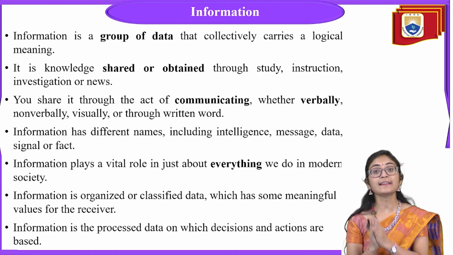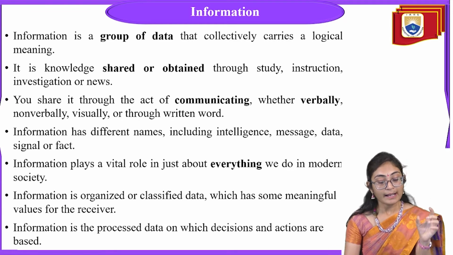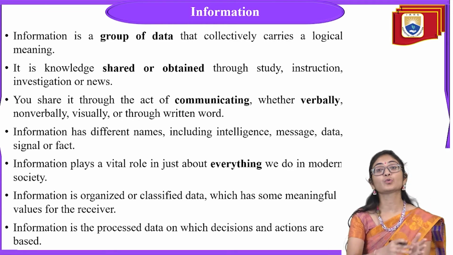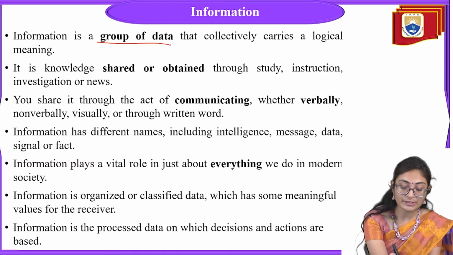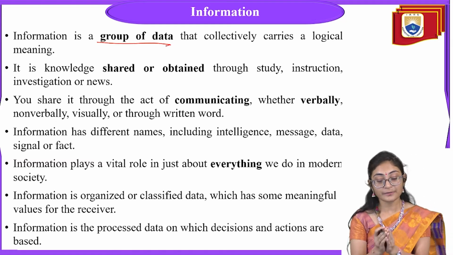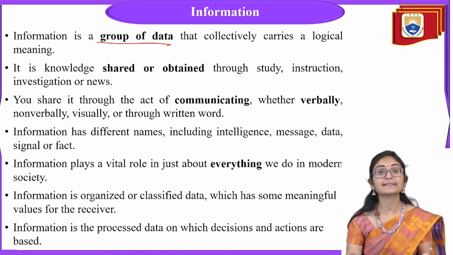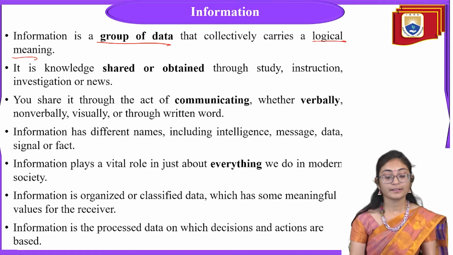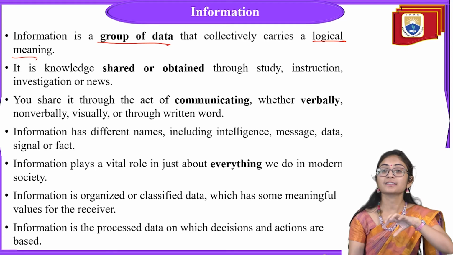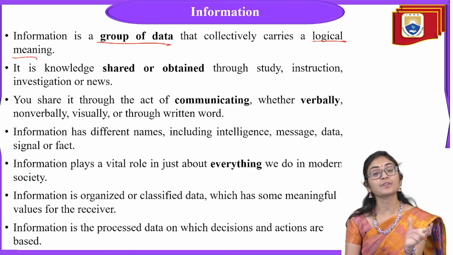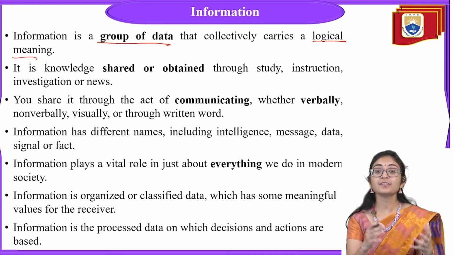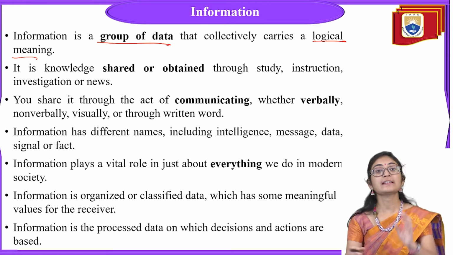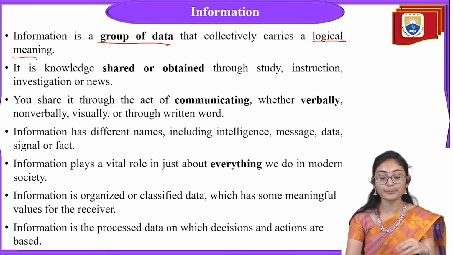Now we will see information. Information is a group of data which collectively carries some logical meaning. Data do not contain any meaning. But when you have information, then it will contain some meaning.